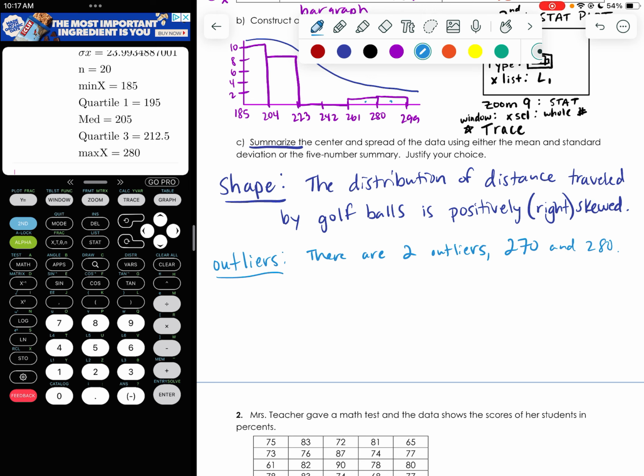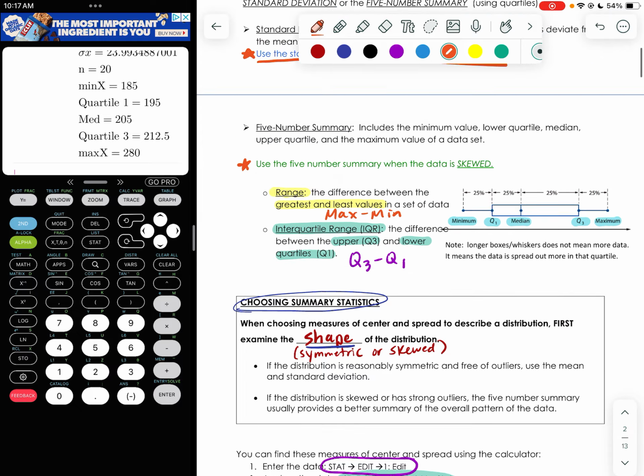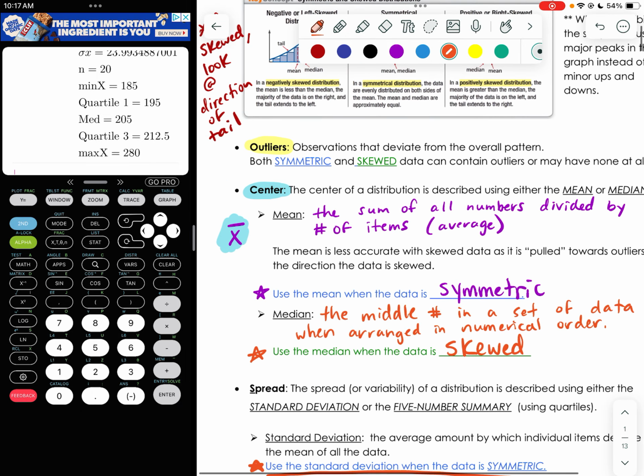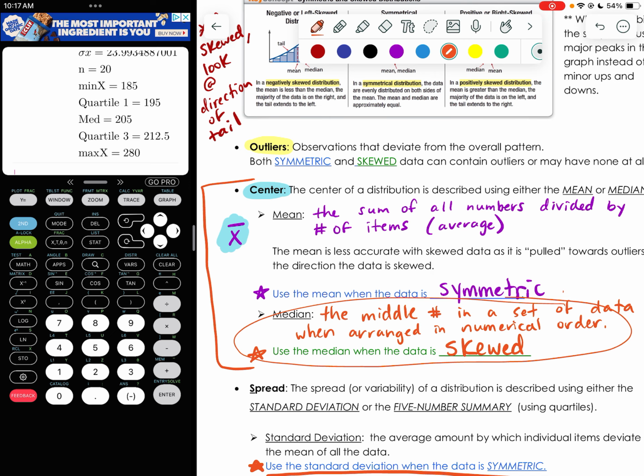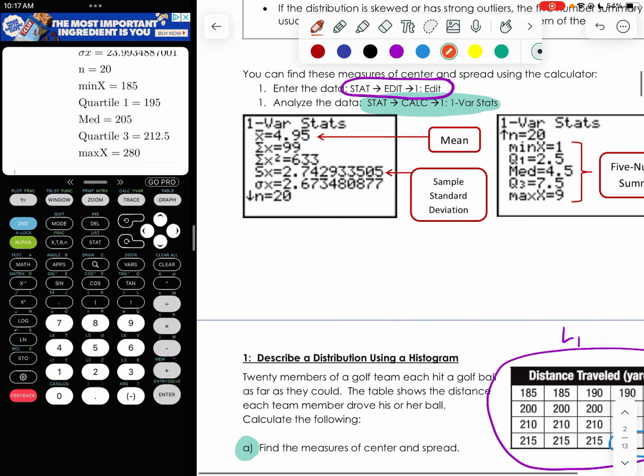Okay, so now the heart of this is describing the center and the spread. Okay, so we said that the data was skewed, or the shape was skewed. So I'm going to go back up here. When you talk about the center, you have two options. You either talk about the mean or the median. So we said if the data is skewed, we talk about the median.